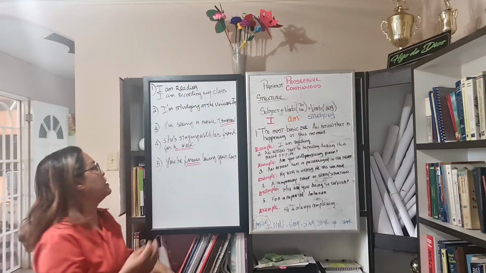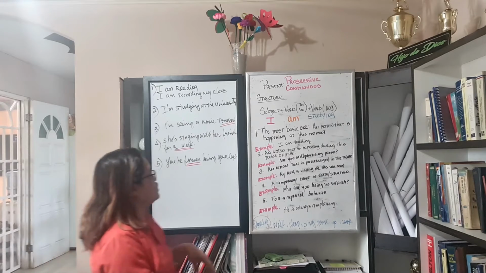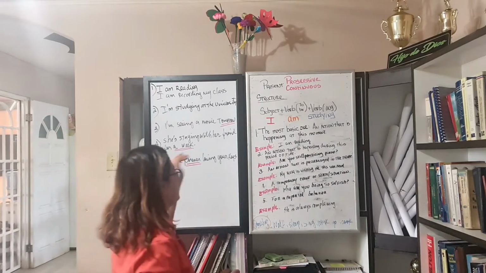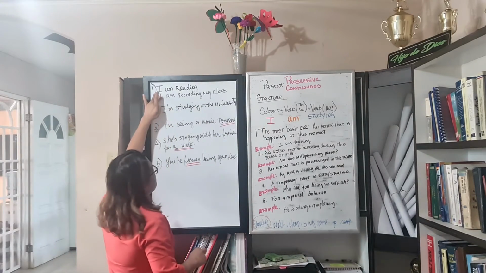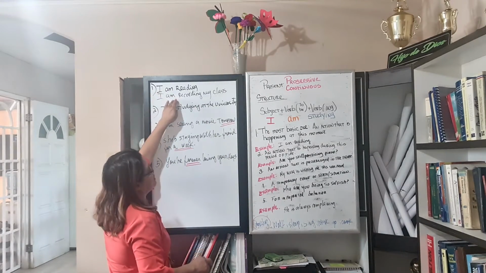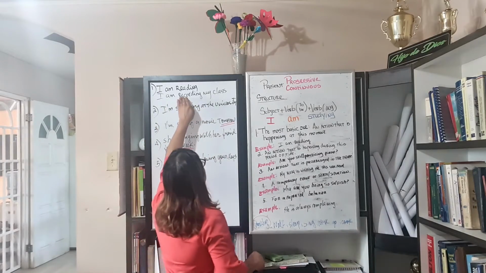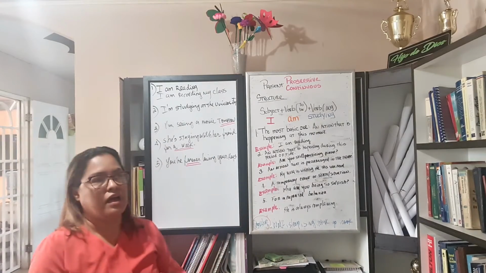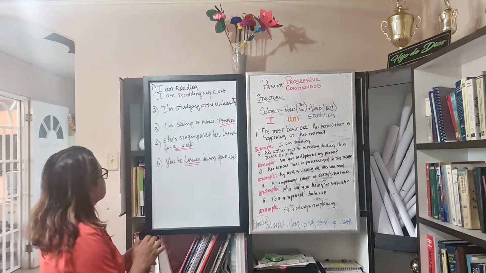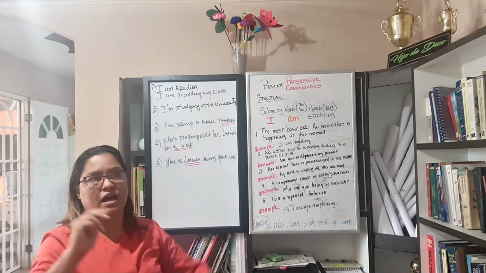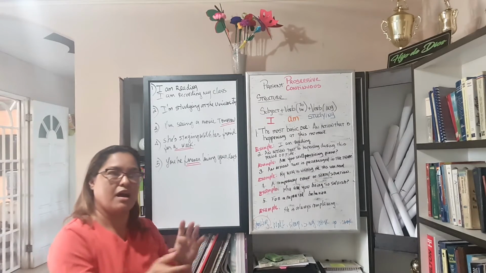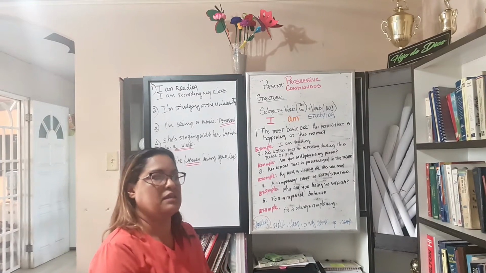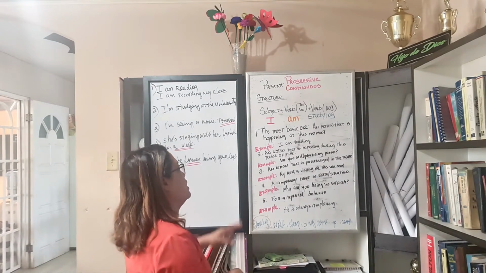I am recording my class. This is the basic structure. I is a subject, am is a verb be, and reading is a verb plus ing. And the other example, I am listening to music. I is a subject and am is a verb be. Listening is a verb plus ing.